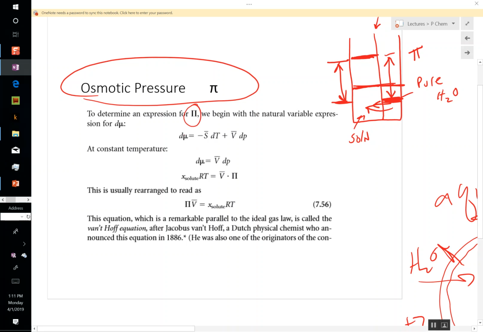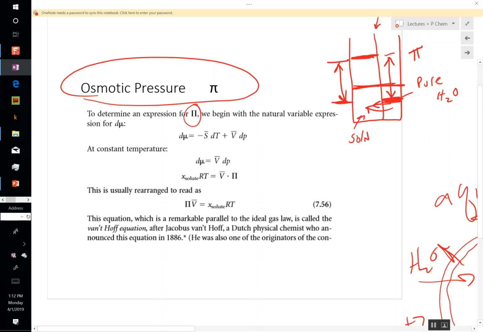The change in chemical potential at constant temperature, we just have volume times the change in pressure. We can get down to this equation: pi times the molar volume equals the mole fraction of the solute times RT.